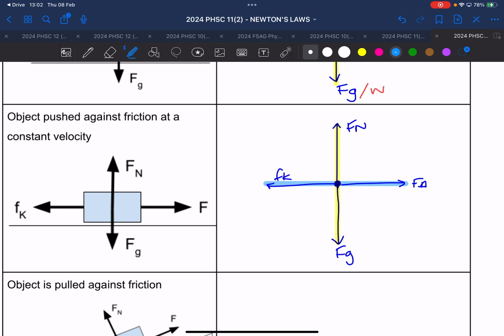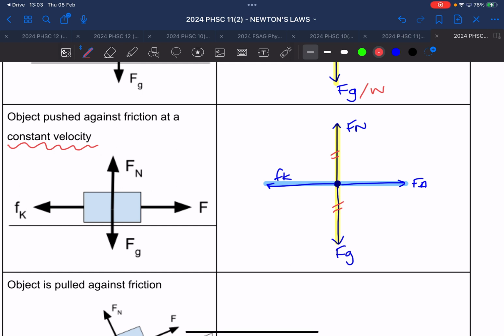Okay. Again, the object is not moving up or down, so it means the up must be equal to the down. And now, you won't understand it just yet, but we'll explain it later: even though it's moving, it's being pushed against friction at a constant velocity. Constant velocity means it's not going faster, it's not going slower, it's just cruising along.